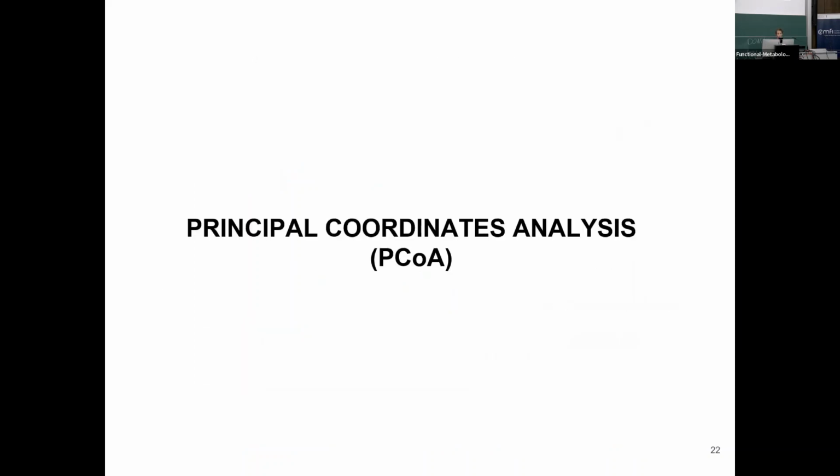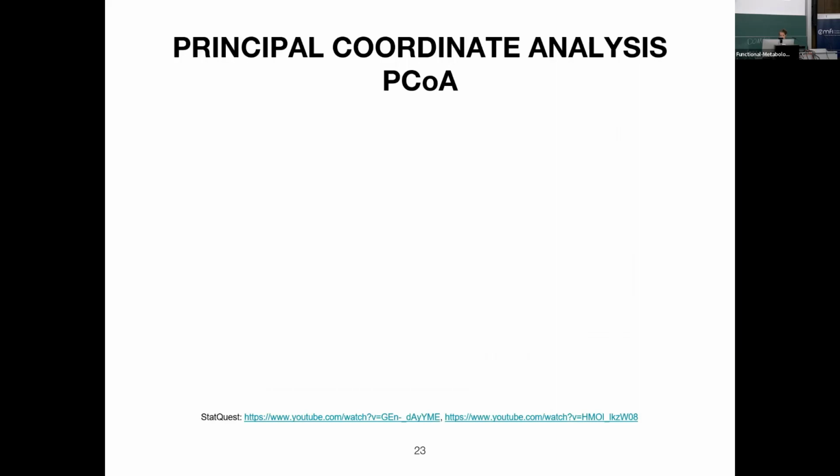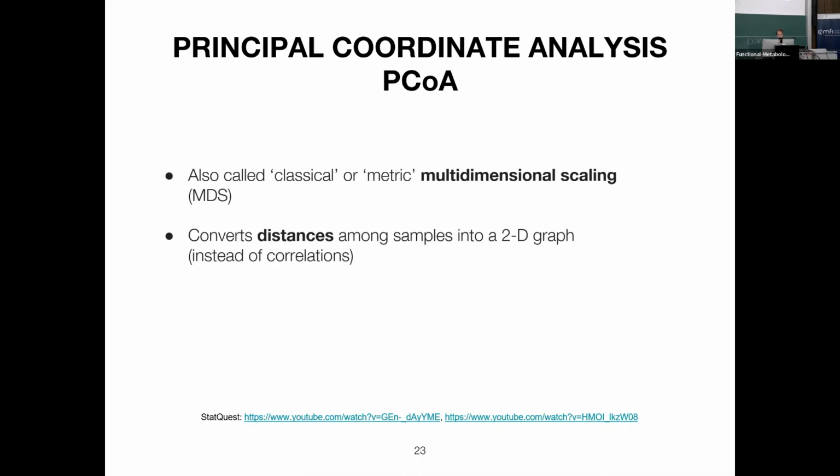So this is about principal components analysis, but there is also principal coordinates analysis. Principal coordinates analysis is also called classical or metric multidimensional scaling. And what it does is it converts distances among samples into a 2D graph.